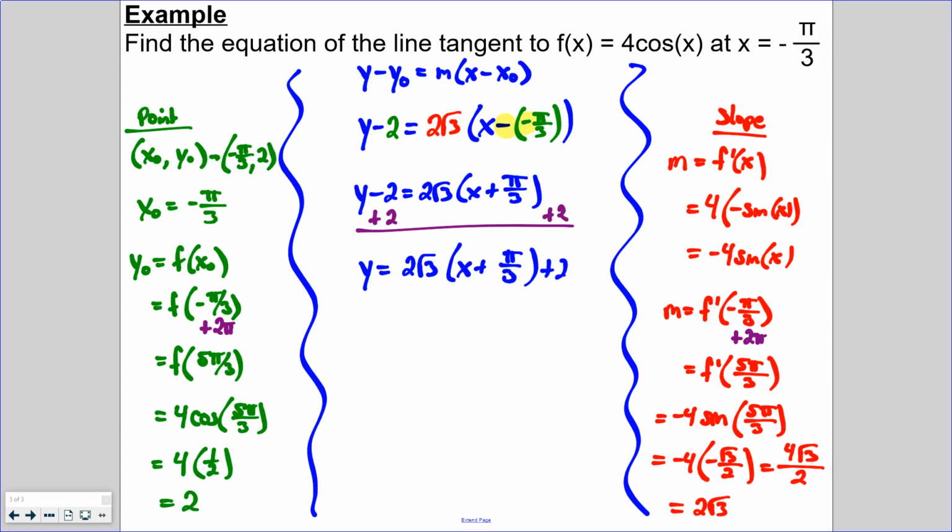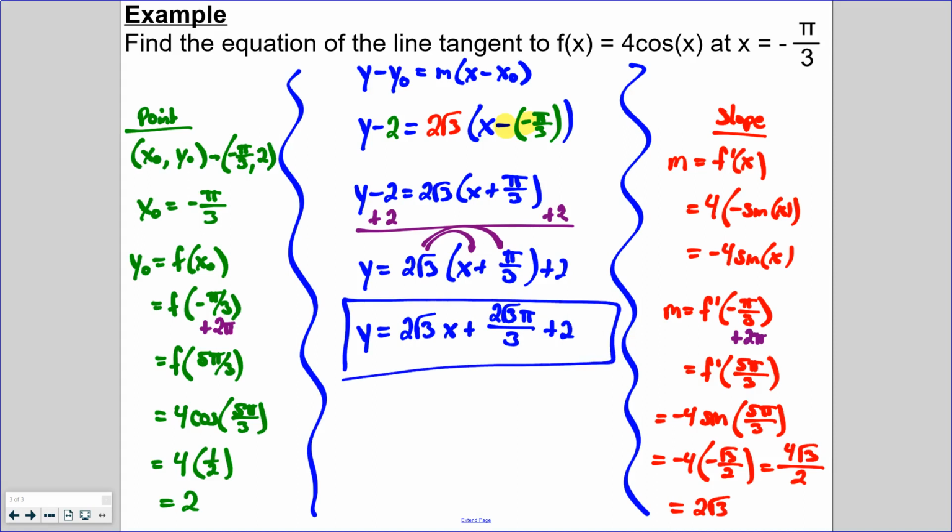And then we can take the 2 radical 3 and distribute it in, and we're going to get a not so pretty linear function: 2 radical 3 x plus 2 radical 3 pi over 3, and then plus 2. And now we really can't combine any other terms here because 2 radical 3 pi over 3 has a pi, and 2 doesn't, so that is where we can leave our answer.